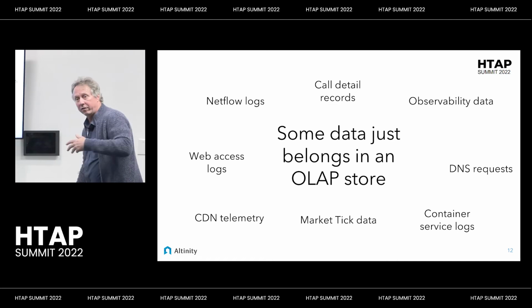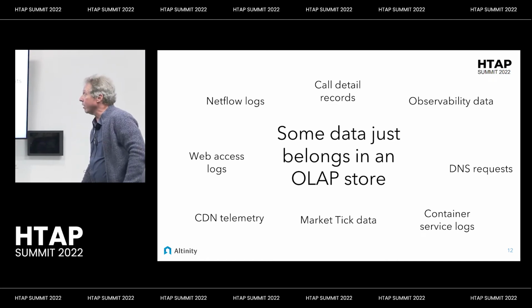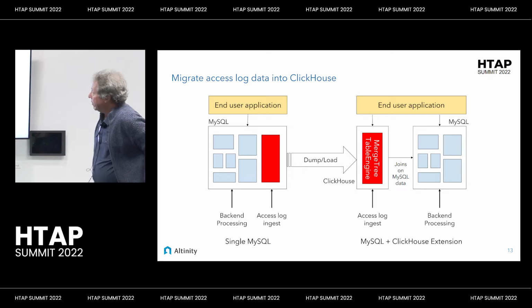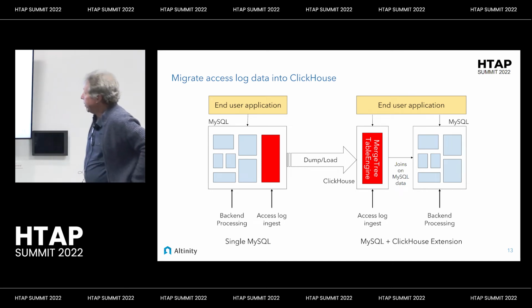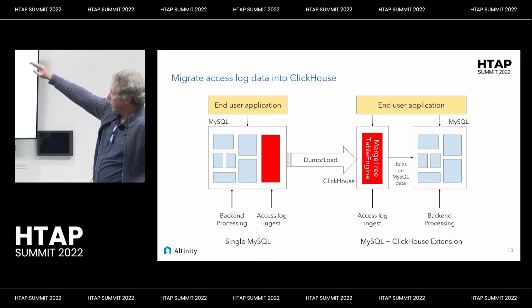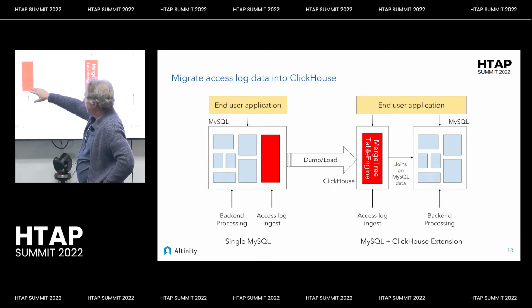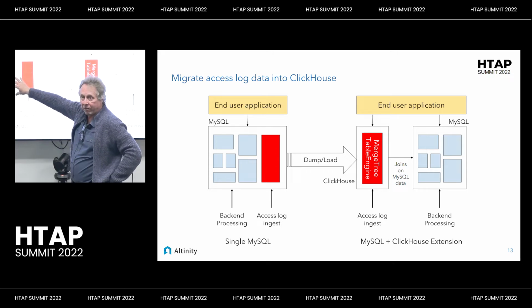So in that case, you put it somewhere else. This is a pretty common pattern that we see: you'll start with an end user application, MySQL, and for example, the Marketo example I mentioned, very big fact tables stuck in there, a bunch of back-end processing tables.